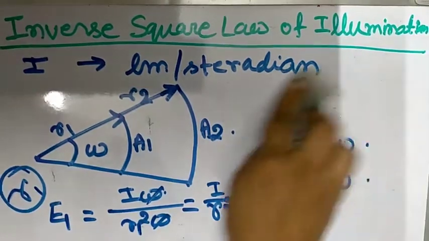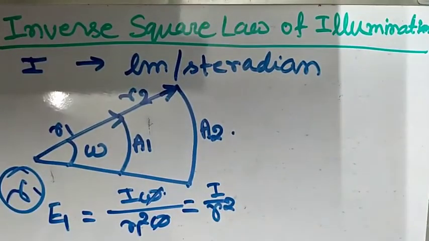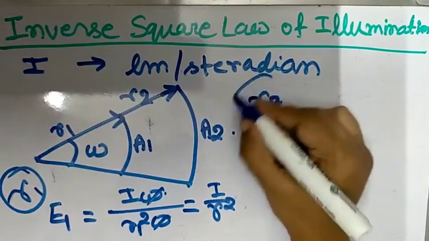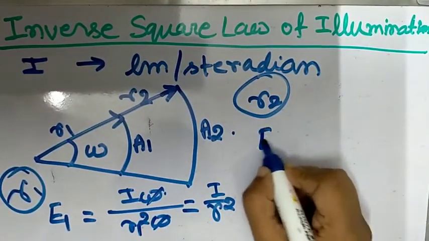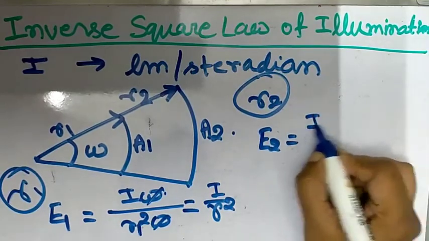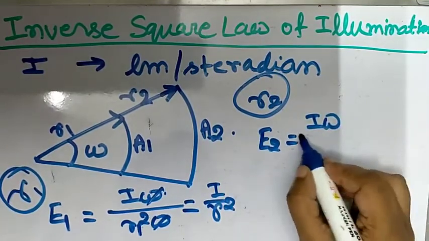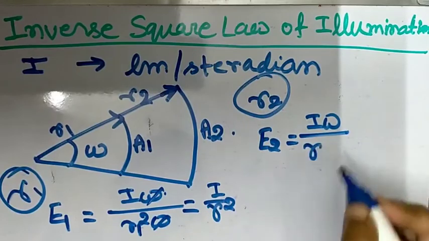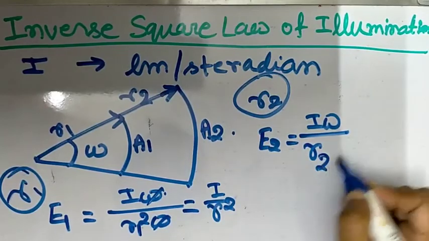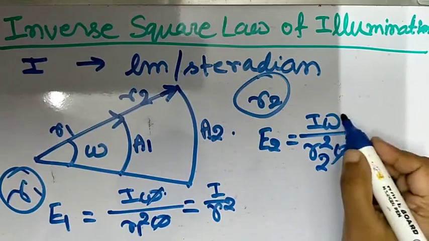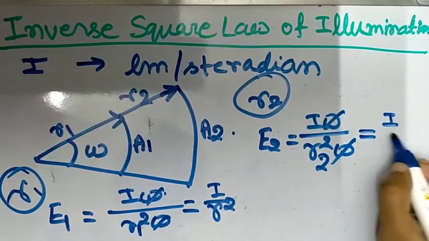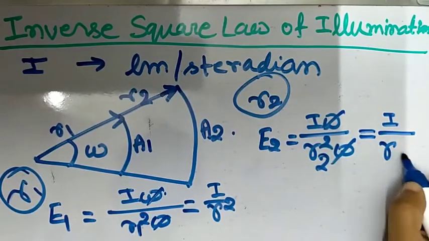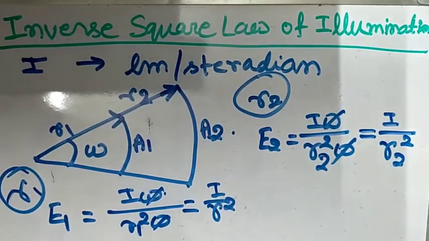Similarly, at radius R2, the illumination E2 is equal to I omega, that is total light flux, by area at radius R2, R2 square into omega. Omega cancels out and we get E2 equal to I by R2 square.